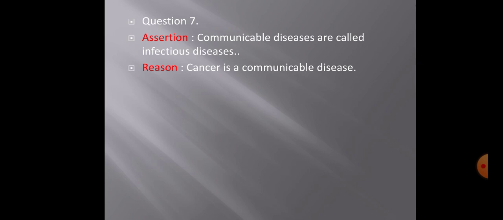It's a cell-based disease, which spreads in the individual's body, but of course it will not spread with any kind of agents to another person. So the reason is false because the statement itself is totally wrong. We can't even say that the reason is a wrong explanation of the assertion, because the statement itself is not correct. So here the answer will come as C.